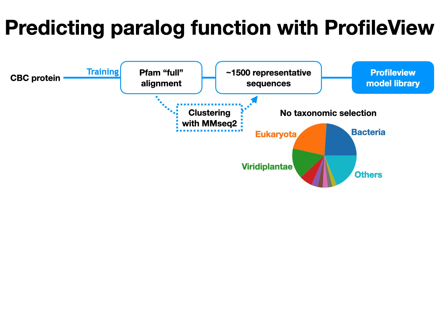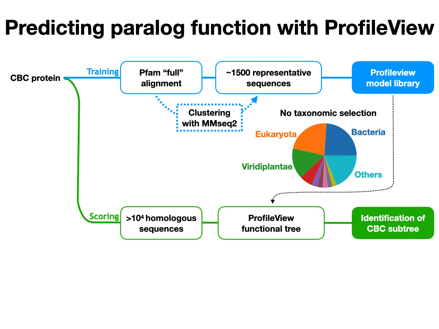Also, there is no taxonomic selection on the sequences used for library construction. A remarkable fraction of them comes from eukaryotes and other non-photosynthetic organisms. This is found to facilitate ProfileView in its functional classification, as it provides a more consistent set of negative examples. Then, the maximal set of photosynthetic homologous sequences is entered in ProfileView in order to be classified.